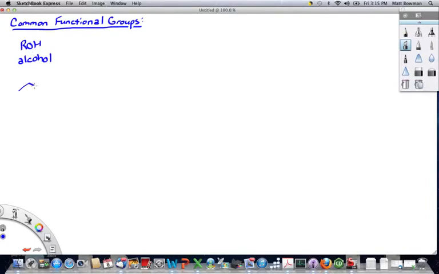Now, this carbon has to be an sp3 carbon. If it's not an sp3 carbon, then it is not an alcohol functional group. It's a different functional group, such as this. If it's an alkene, then it is an enol.